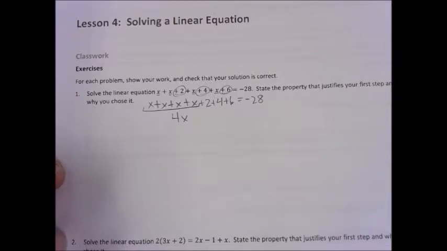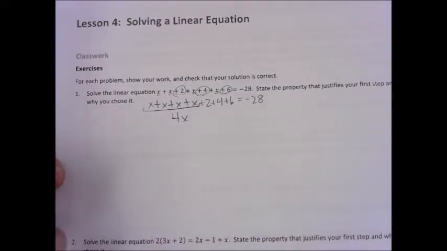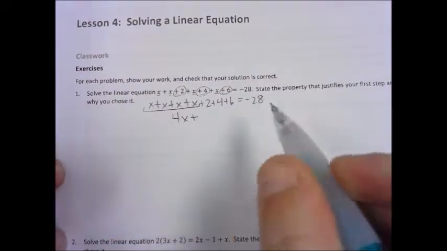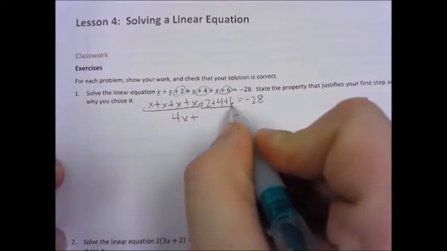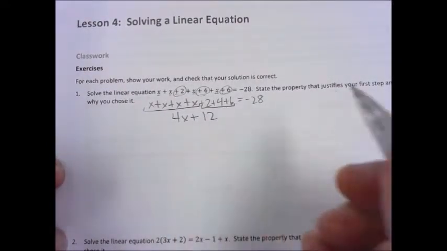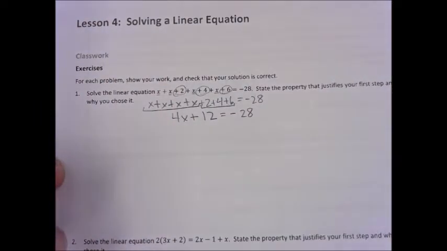So if I have 4 times that same number, then x plus x plus x plus x is the exact same thing. So now I'm adding 2 plus 4 plus 6. So I would have 12. 4x plus 12 equals negative 28. Now this is just a little bit easier to work with.